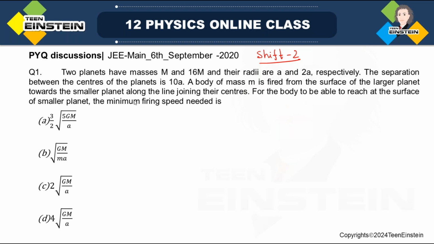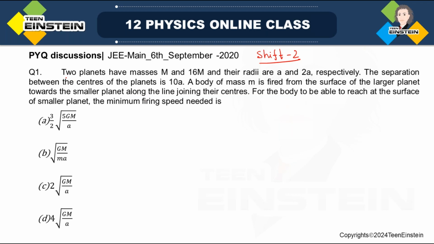Good evening, students. We have been discussing PYQs from JEE Mains papers. So today we have some questions from the 6th September shift 2 2020 paper. So let us try to understand the problem given here and then try to solve it.